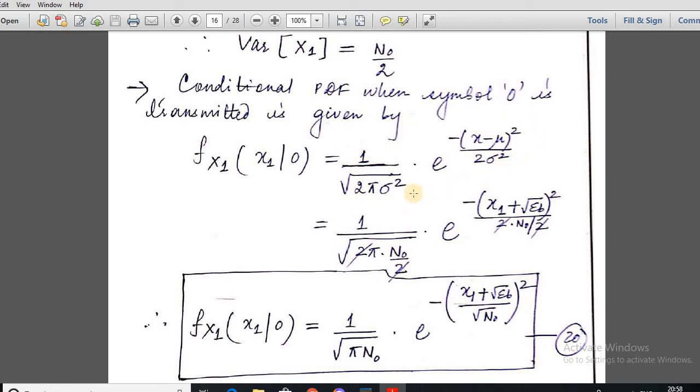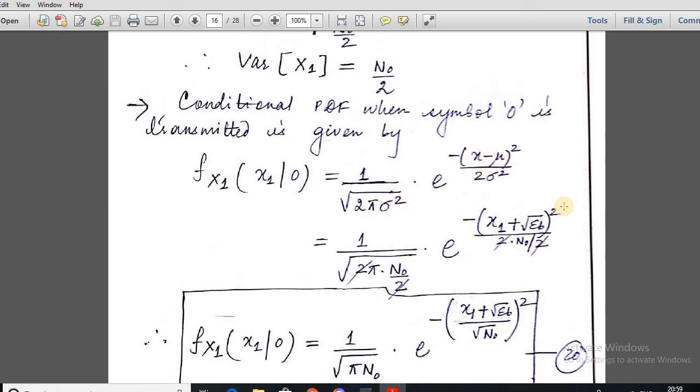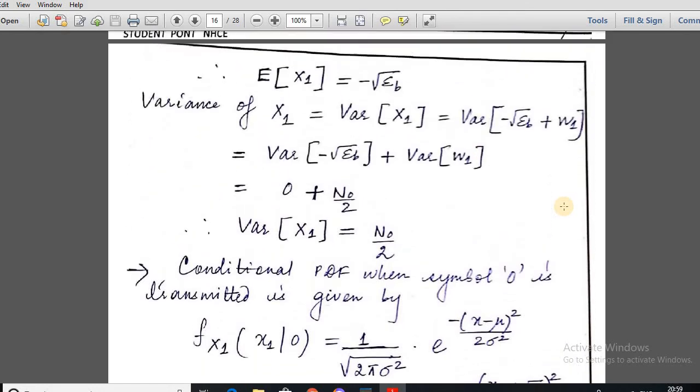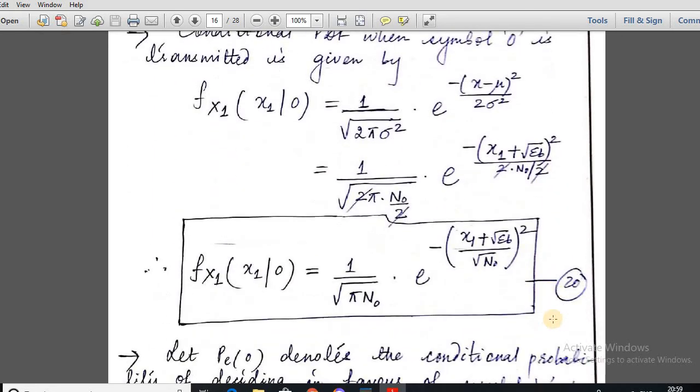These are basic equations used many times in communication theory, especially the Gaussian and Rayleigh distributions. So this is the well-known equation for the PDF of a Gaussian distribution. We substitute the variance sigma square and the mean mu obtained in the previous steps: the mean is minus root of Eb and the variance is N0 by 2. I substitute these in place of mu and sigma square, and this is what I get.